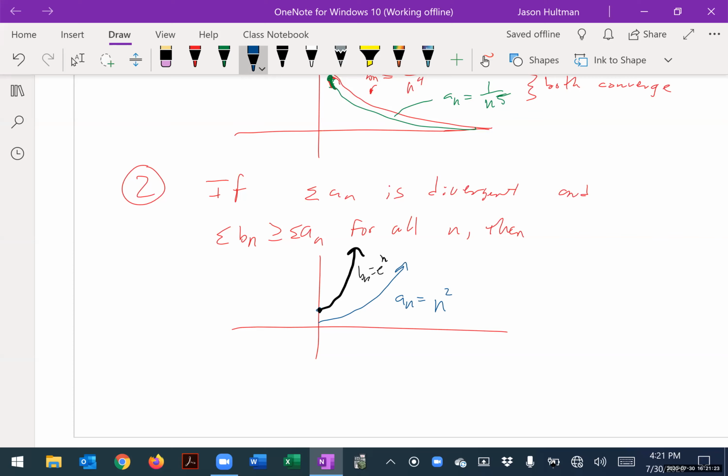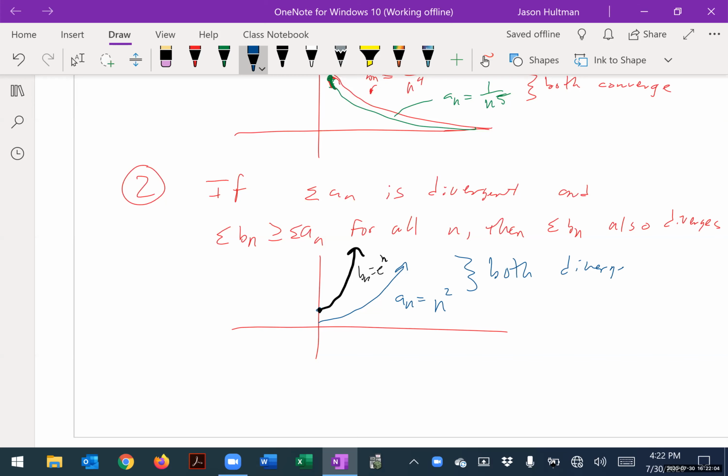It's like saying, look, I'm going to infinity, you're always bigger than me, so you're going to infinity as well. So the summation of B sub n also diverges. Both diverge. And this is the basis of the comparison test.